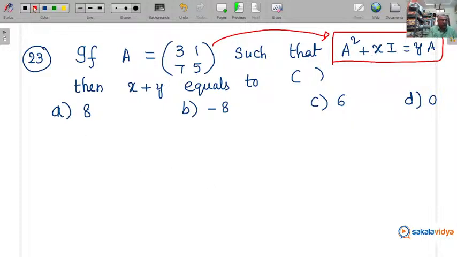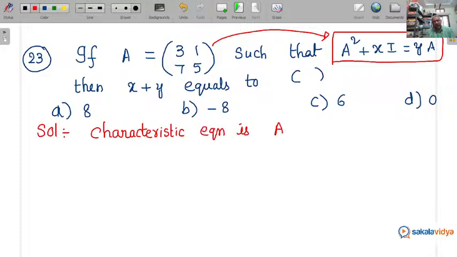So first let us write characteristic equation. So now the characteristic equation is a square minus trace of a into a plus det of a into I equals to 0.